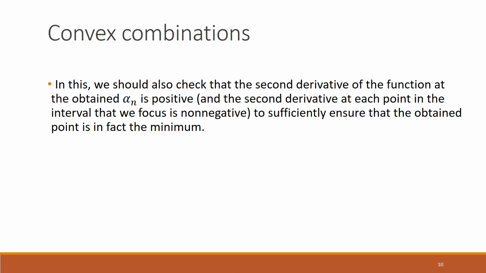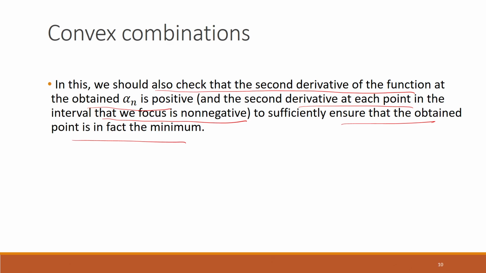One more thing which I would like to add here, which probably is not mentioned in this example in the book, is that ideally we should also check that the second derivative of the objective function at the obtained alpha n that we got from the previous expression is positive, and the second derivative at each point in the interval that you focus on is non-negative, to sufficiently ensure that the obtained point is in fact the minimum.